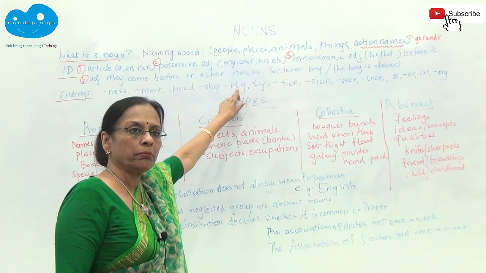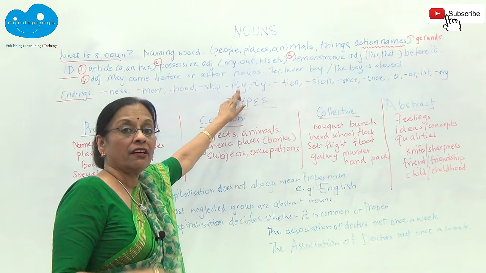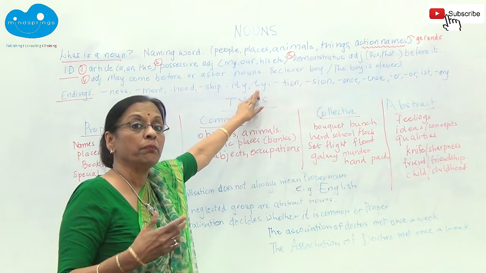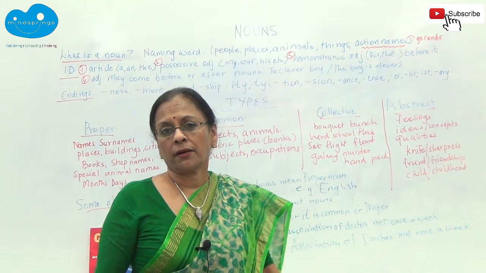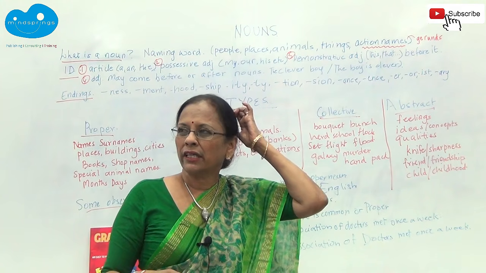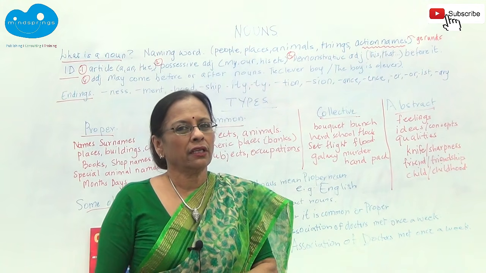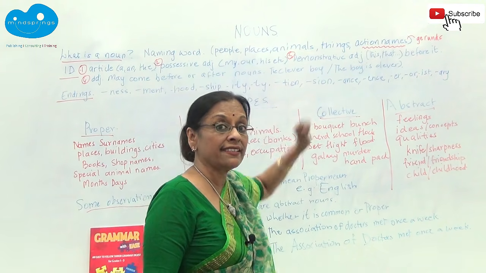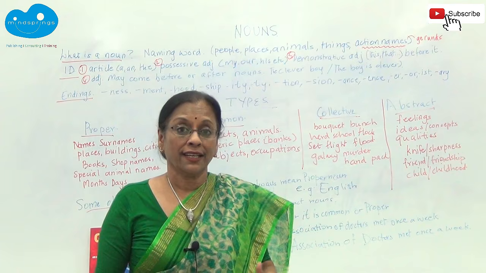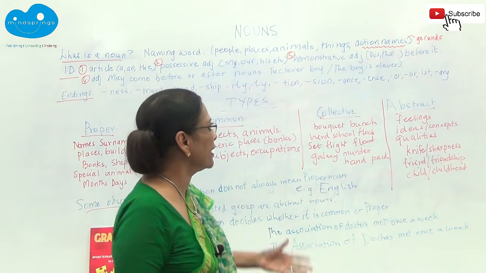You'll get ITY, brevity, or you'll get TY as in beauty, or you'll get TION as in mention, prediction, extension, or you'll get SION as in tension or pension. You'll get SION words.